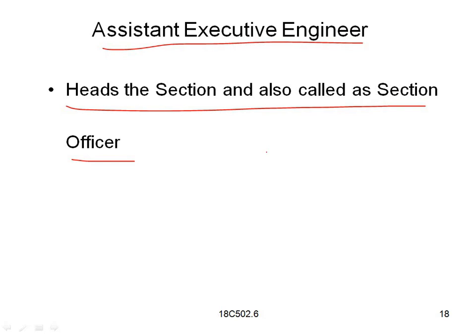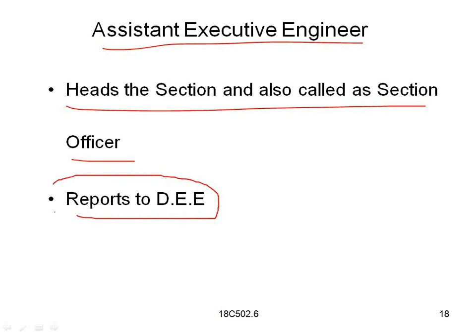So he will finalize and identify them, he will send them to his superiors, and he will be reporting to the DEE. So this is compulsory. Okay, so every person or every authority should give the information to their superiors. So this is nothing but the flowchart running in the state government.